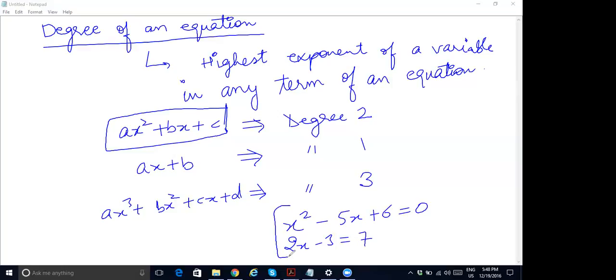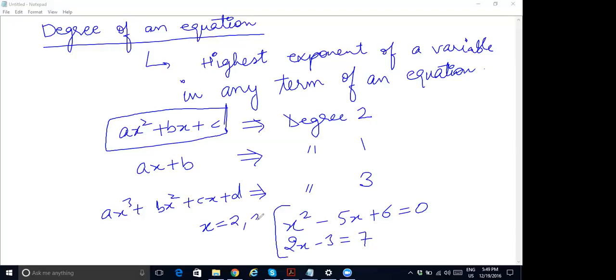Sure. x is equal to 3 or 2, and x is equal to 5.